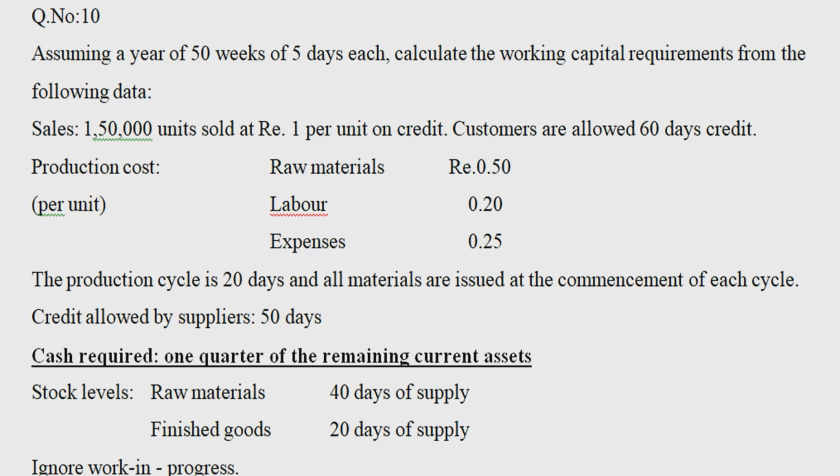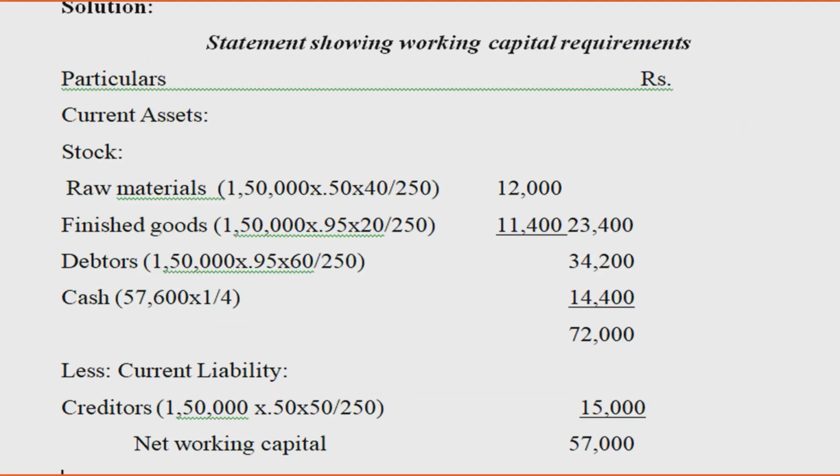Under current assets we have to consider raw materials, finished goods, debtors and cash. Under current liabilities we have to consider creditors. So we will discuss the solution.